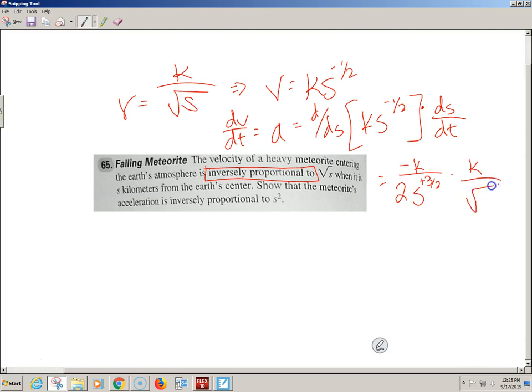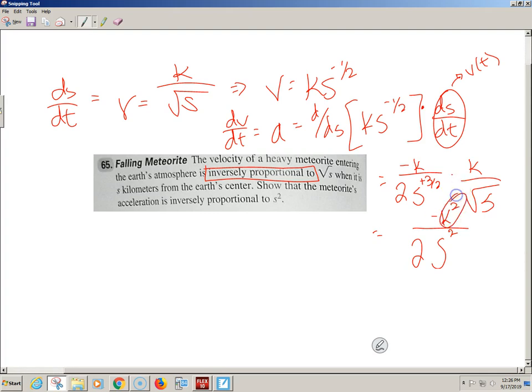Thanks. Wow, they wanted to totally mess with your brain. There we go. Because then we have s to the 3/2 and s to the 1/2, and that's s to the 4/2, and s to the 4/2 is s squared, and then we have our 2, and we have our negative k squared, but we still have that inverse relationship of a constant over s squared.